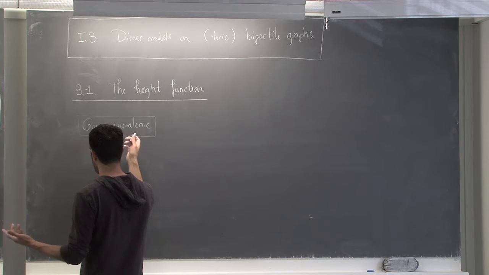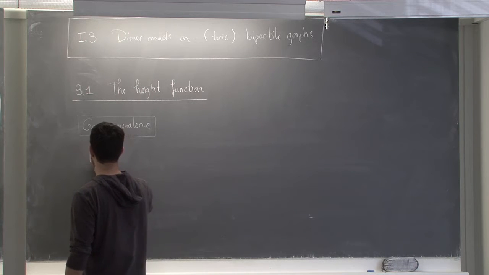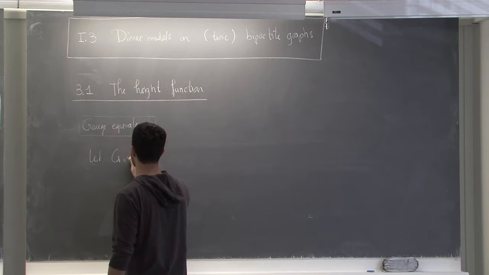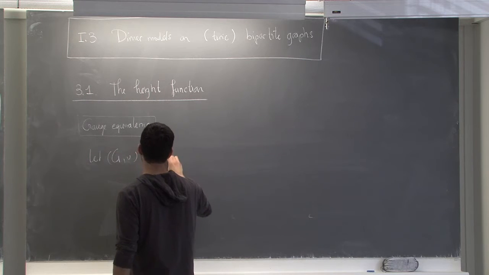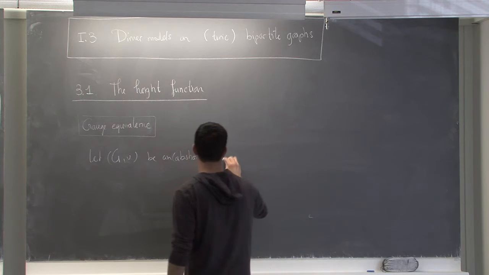So it's the following remark. We have a graph G, so let G be an abstract weighted graph.